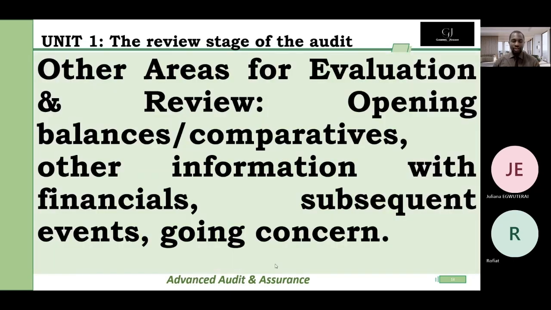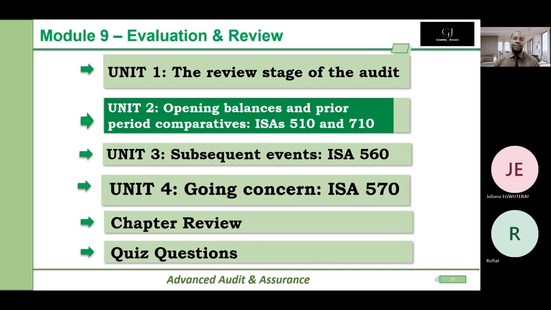So the review stage of the audit is of paramount importance, and we need to ensure that this stage is properly evaluated and due care is provided to make sure the job we do is seamless and value adding. Very important. Okay, so we'll just run through the review stage of the audit, and that will be the end of unit 1 of module 9, chapter 9, which is evaluation and review.